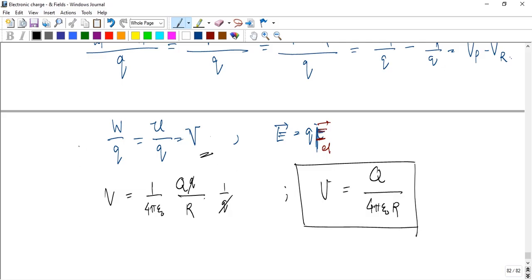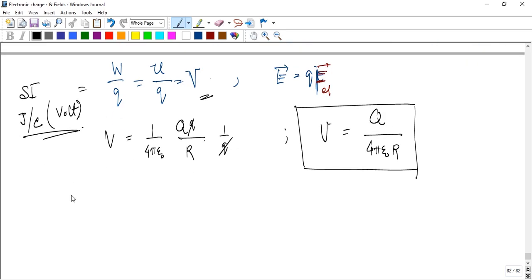Obviously it is a scalar. So the SI unit is W by q, joule per coulomb, and another name is volt. The potential's SI unit is volt or joules per coulomb.